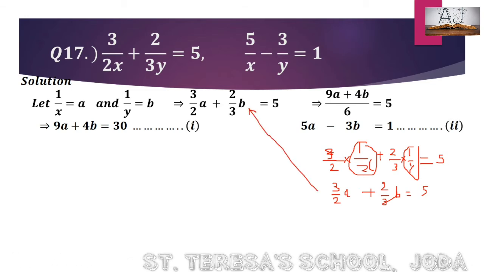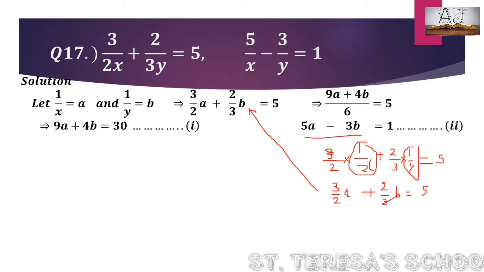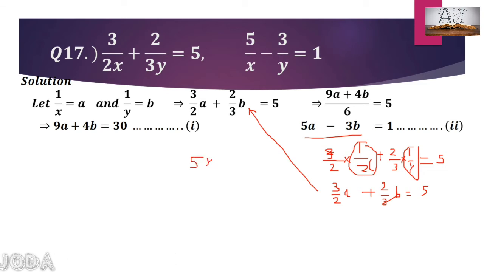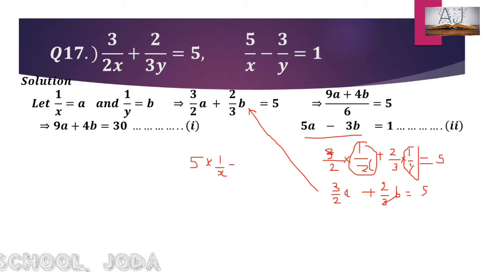Okay, and after that we did the LCM of 2 and 3 is 6, and then we got the first equation. And similarly we got the second equation also, 5a minus 3b equal to 1. How did we substitute? 5 by x means 5 into 1 by x. Isn't it? The second equation you can see.